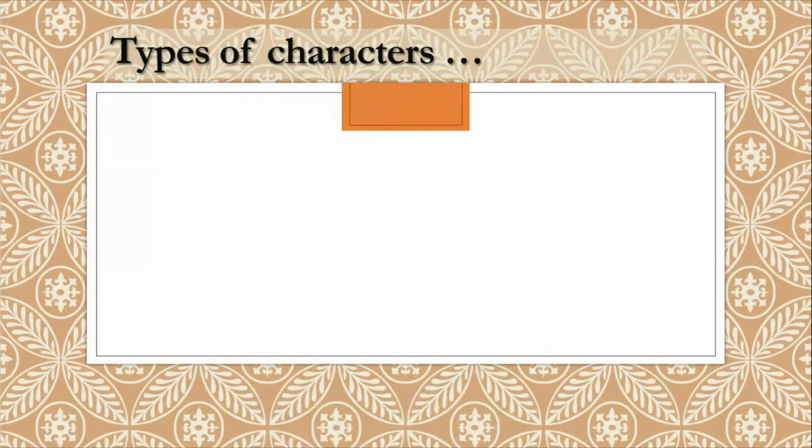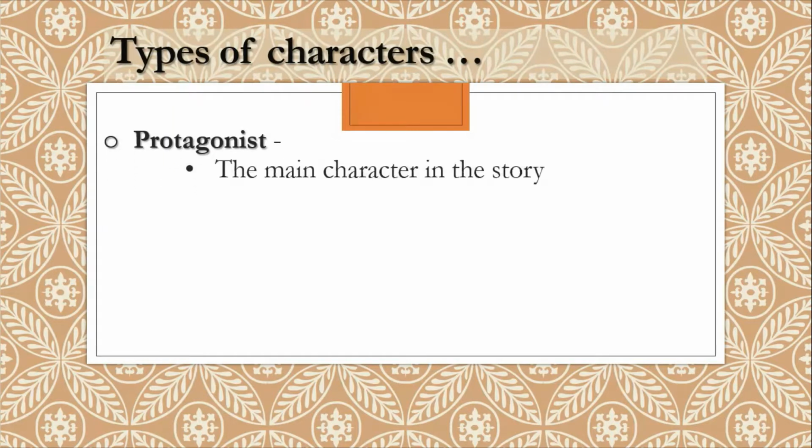And now, remember that there are different types of characters. I'm talking here strictly about fiction, right? But we can apply this also to nonfiction. So I'm talking about the protagonist.